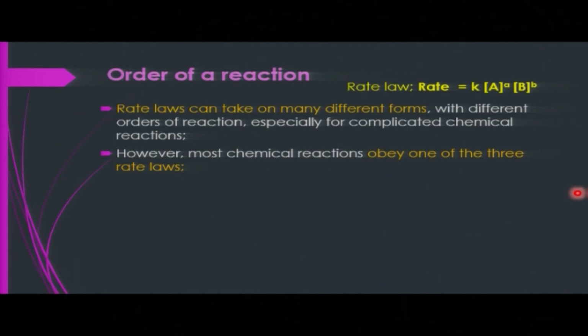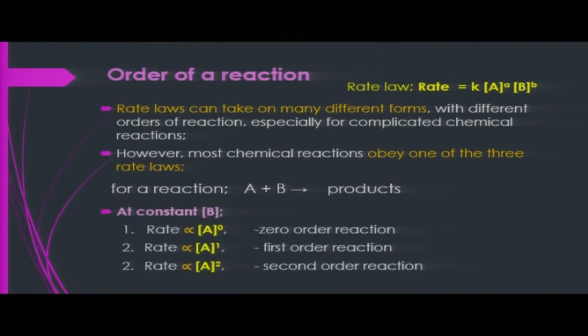So that's why we're saying there are different forms where you can come up with this rate law. But most chemical reactions go through 3 rate law forms. Those are the forms: zero order, first order, second order. I think at this moment we are coming to understand what this a implies and what this b implies.